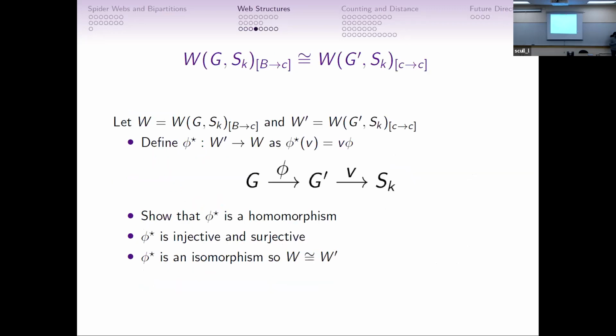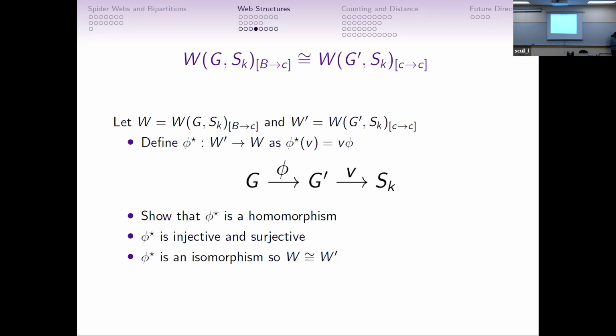So let W, this is for shorthand, let W be the web from G to SK, but we're focusing on the bipartition B getting sent to the center component, and let W prime be the web from G prime into SK, but we're focusing on the center gets sent to center component. So we'll define phi star from W prime into W as phi star V equals V phi, V being an arbitrary vertex in W prime.